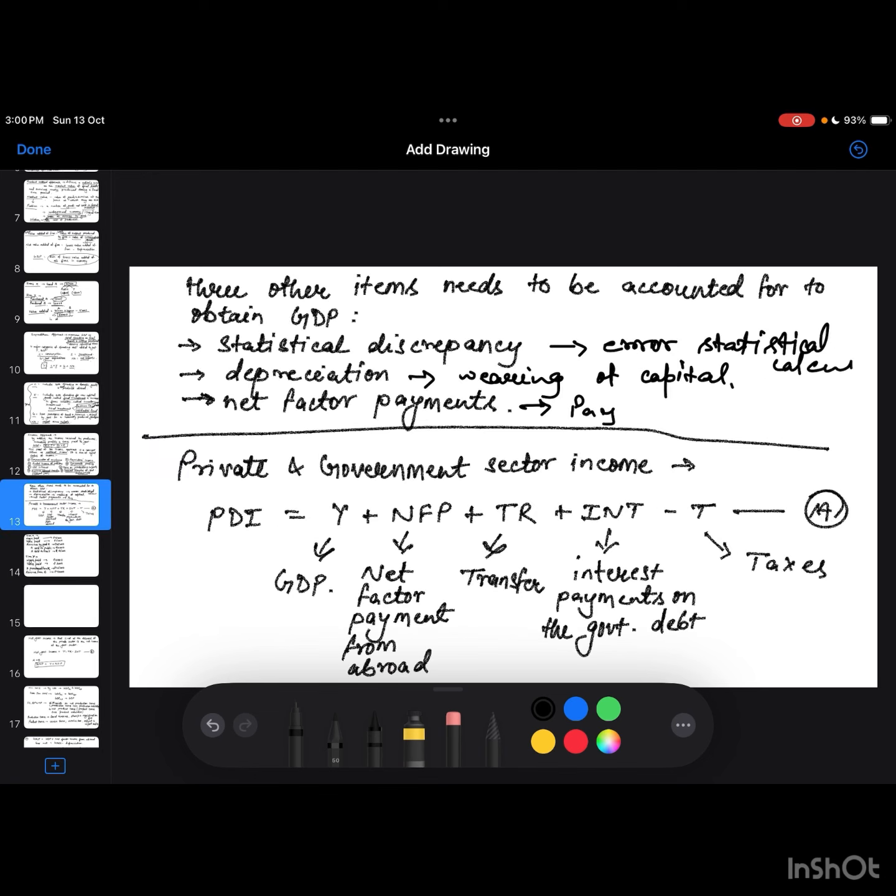Now we will go back to the private and government sector income. Private income means the amount of income the private sector has available to spend, and the private disposable income will be equal to the sum of GDP plus net factor payment from abroad plus transfers, interest payment on government debts, and taxes.